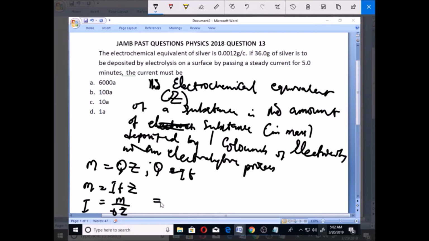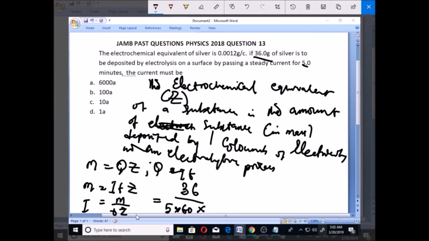So that is what we are going to be doing to calculate the current. So the current is equal to mass. Mass as we have here is 36 gram, 36 all over T. T is the time. We have T here as 5 minutes. We need to convert it to seconds, so it's going to be 5 times 60.